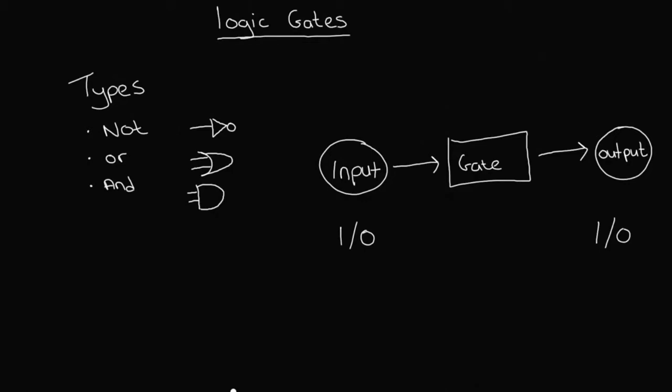Why do we need logic gates, or why do we need these different types of logic gates? The reason is by using multiple logic gates. We usually don't use one logic gate by itself to do something. We usually use multiple logic gates. So we could use a NOT gate and an OR gate and an AND gate and maybe another OR gate. Or a simpler example might be us just using a NOT gate and an OR gate.